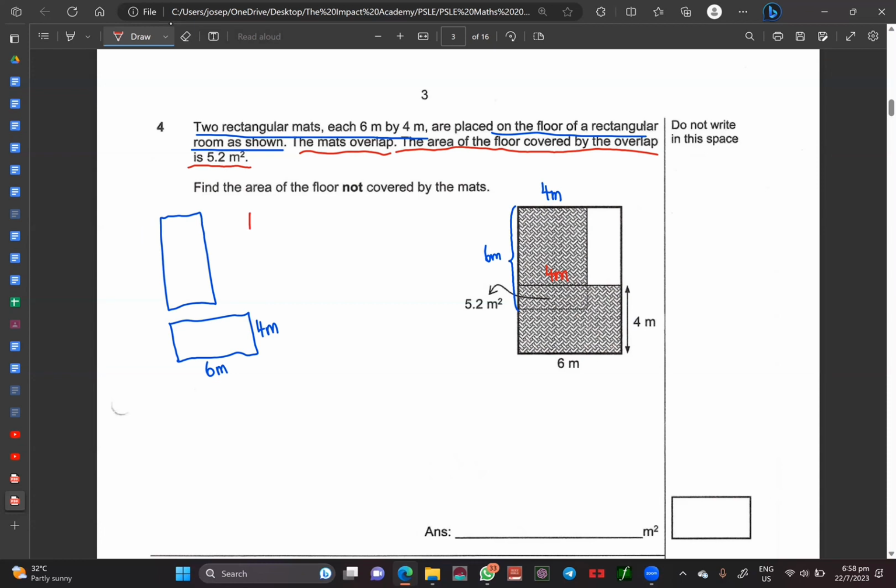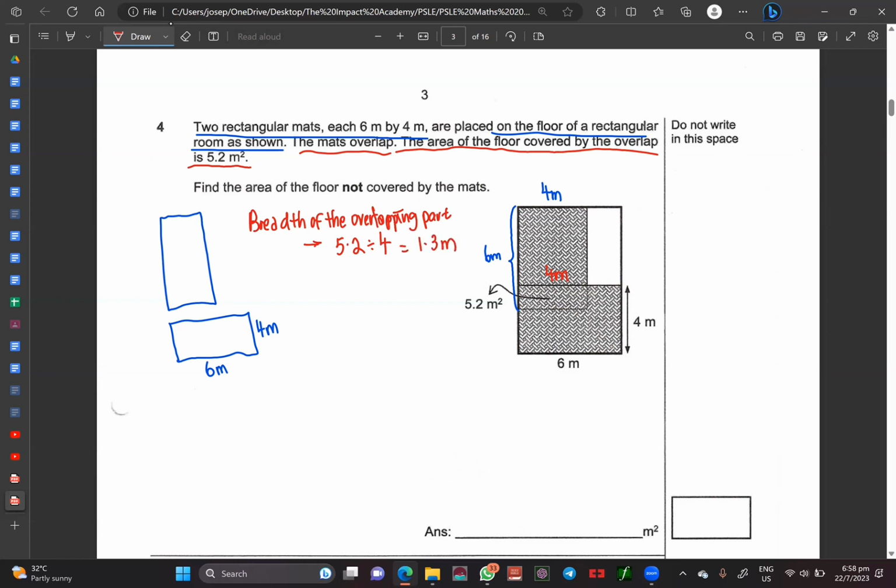So I'm going to find the breadth of the overlapping part, which is 5.2 divided by 4. And when I do that, I get 1.3 meters.